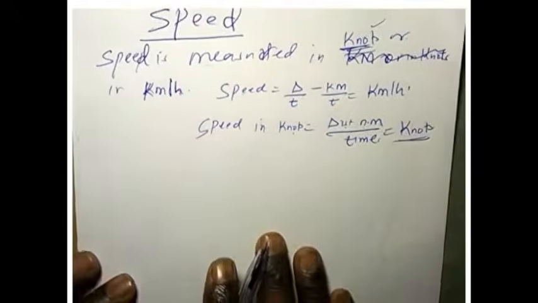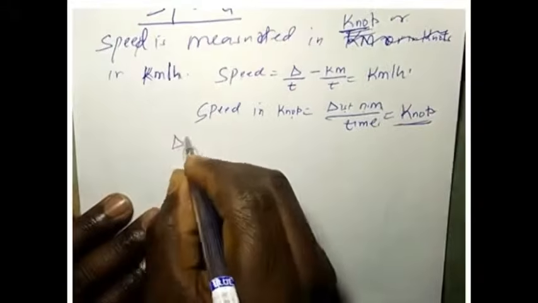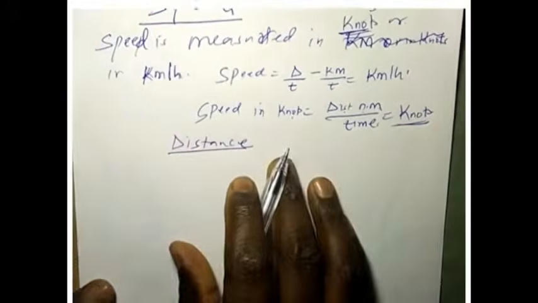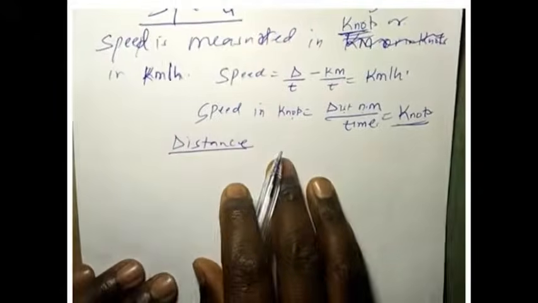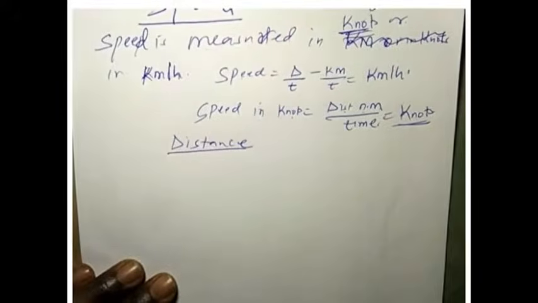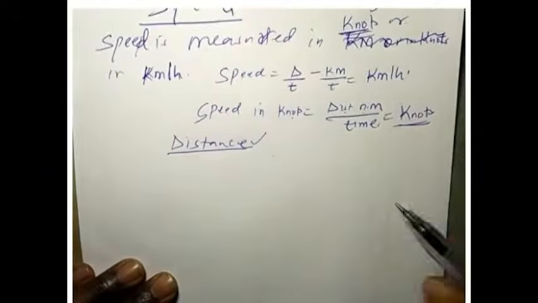That is the only thing you need to know. So for us to get the speed, first we must calculate the distance. We have learned how to calculate the distance. So it is your duty to identify whether the distance you are being asked is along a great circle or a small circle. And then once you get the distance, you divide by the time you are given, you get the speed.